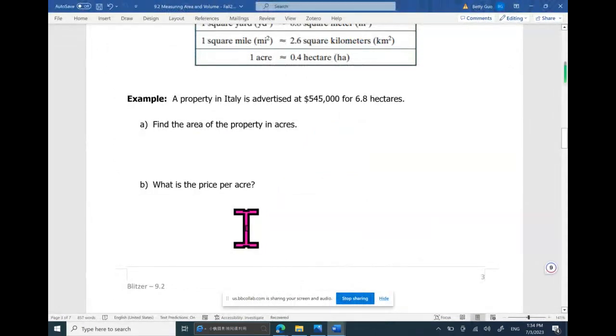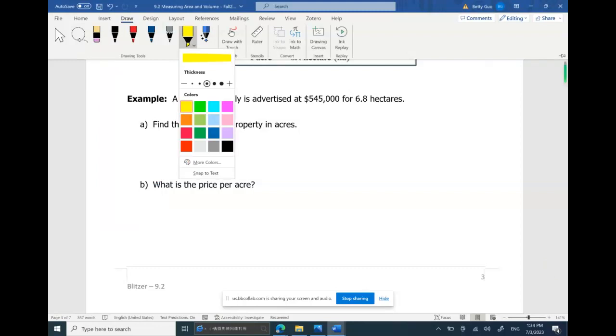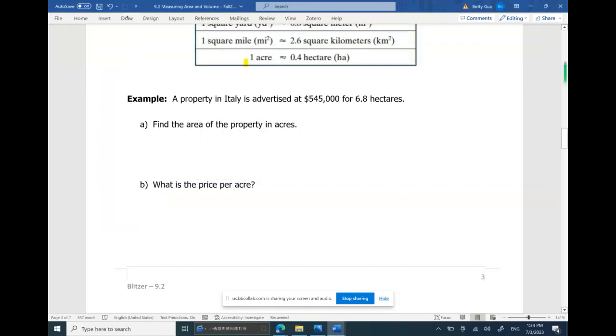So we go from hectare to acre, and the conversion is right above the problem, right here. 1 acre is approximately equal to 0.4 hectare, HA. So from the given information that you know, compare with acre.